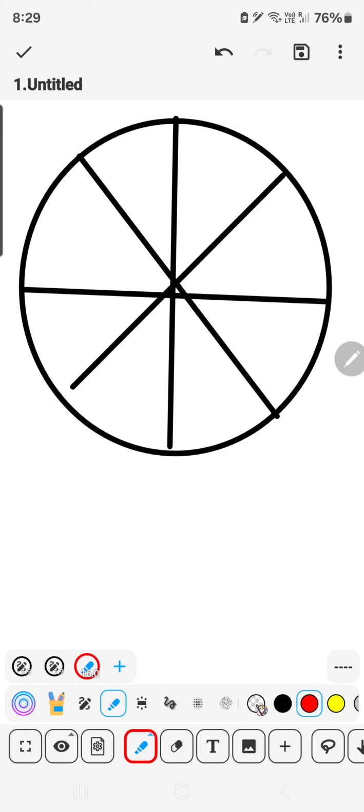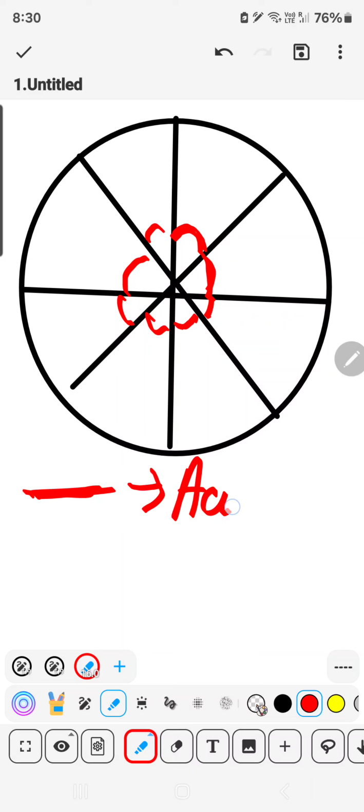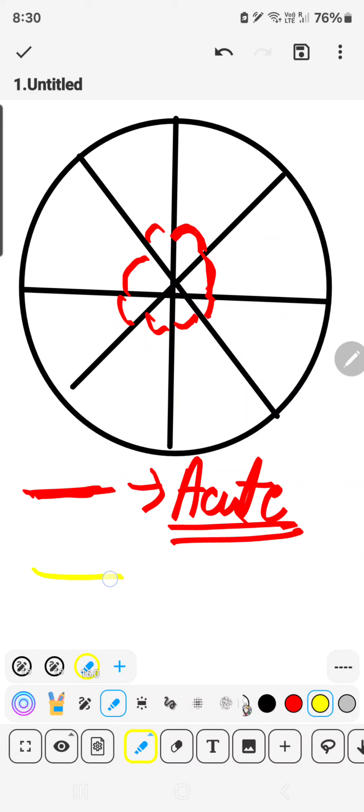I'll tell the acute angle. This is acute angle. This is also acute angle. All the angles marked with red are acute angles. Now the angles marked with yellow are right angles.